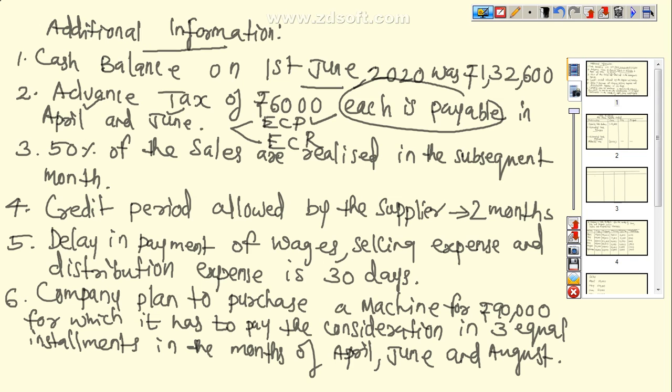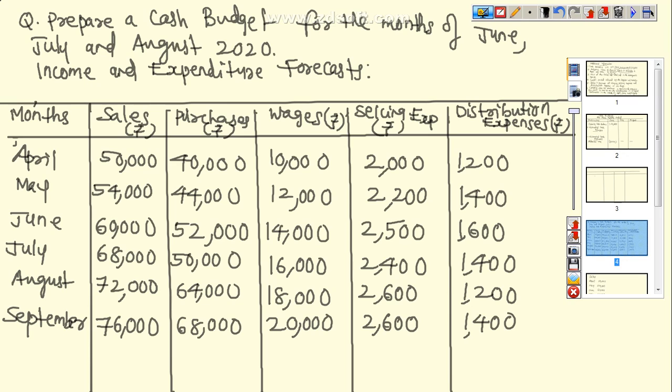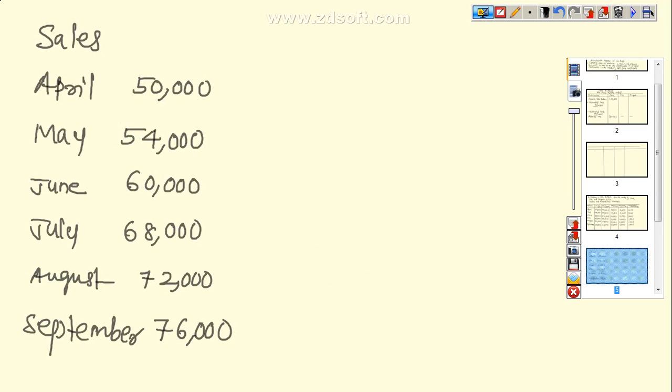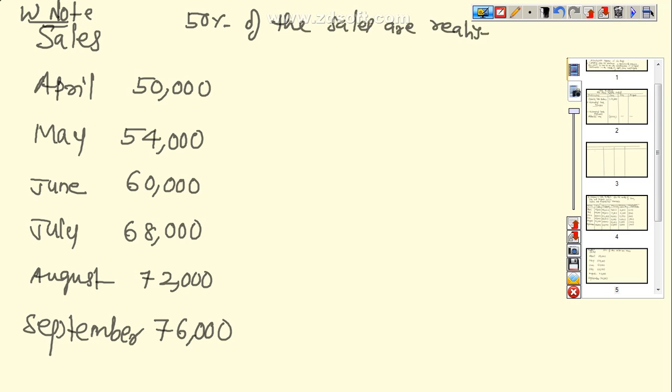Next, 50% of the sales are realized in the subsequent month. So this is one of the most important adjustments. Sale values are given for April, May, June, July, August and September. So we prepare the working note. Sales are given and in adjustment it is written 50% of the sales are realized in the subsequent month.